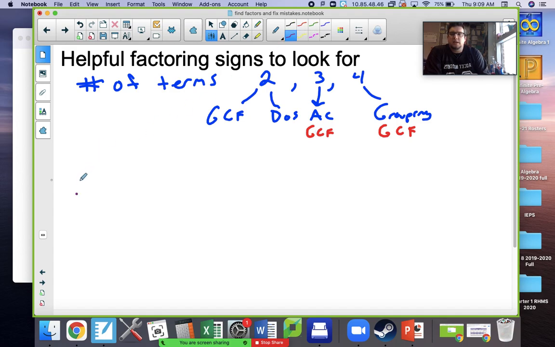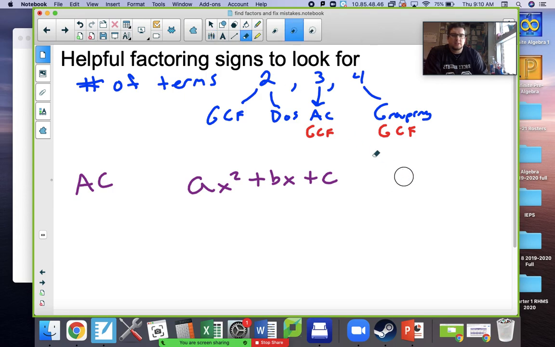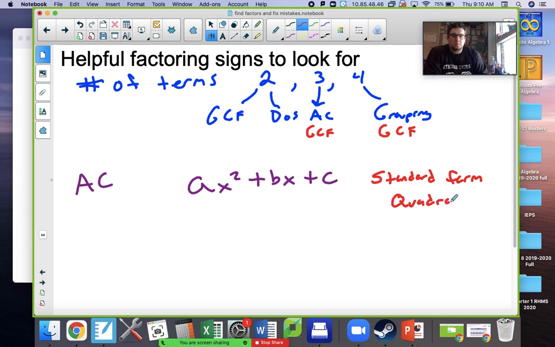But when we focus in on the AC method, and we have our generic trinomial, our quadratic here, let's call it our standard form, because that is what it is. So we have our quadratic in standard form. There's a few things we can look for that help us figure out what type of factors we're looking for.